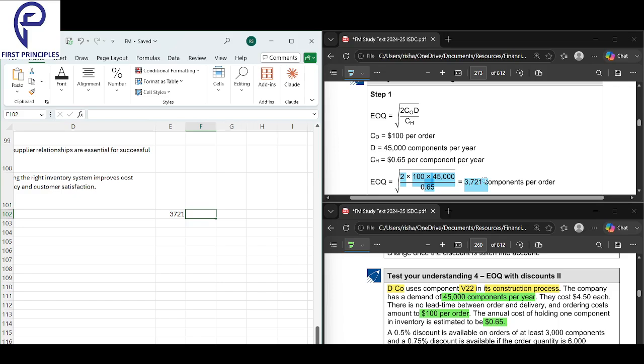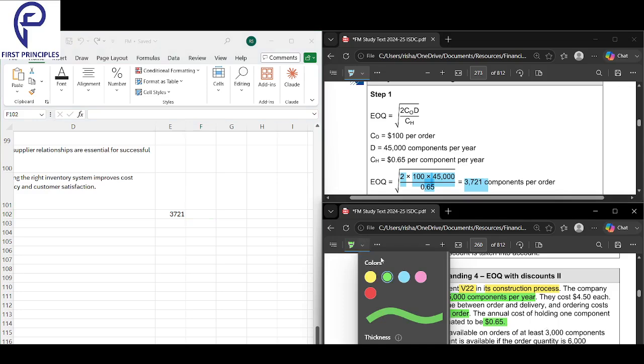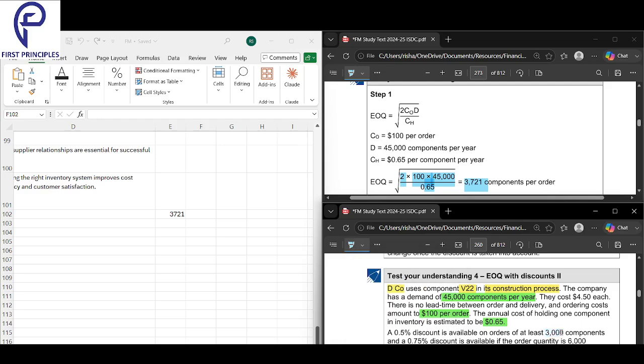Per order, we should order 3,721. Second option is we can go for 3,000 quantities. Every time we order, we will place 3,000 units. And the last option is we can go for 6,000. Either we can go for 3,721, or 6,000, or 3,000. This much will be our order size.